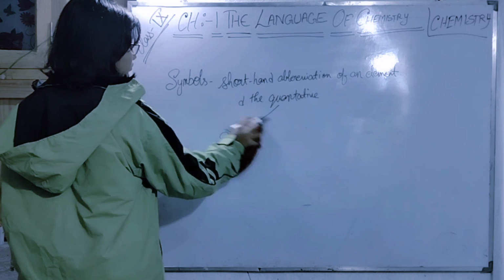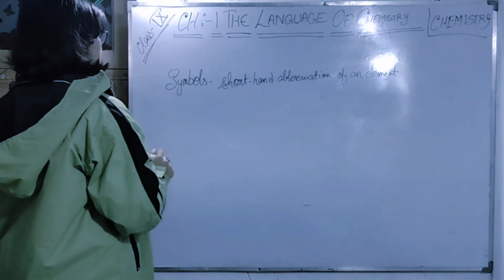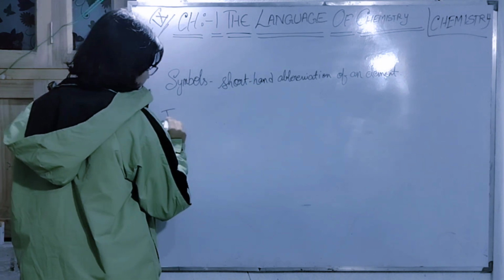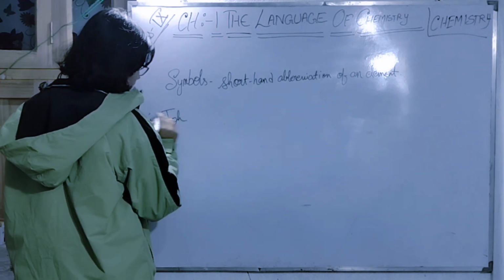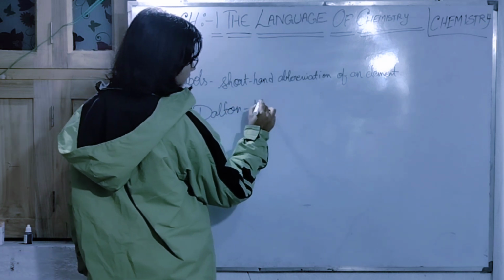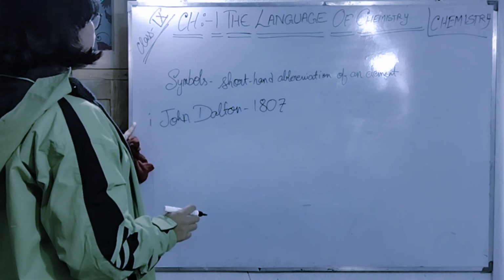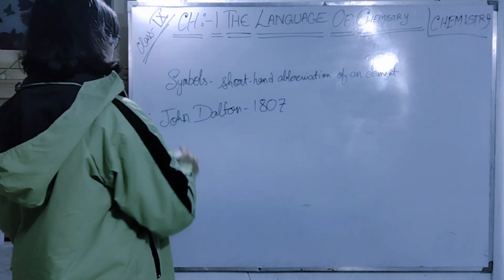Now, John Dalton first suggested symbols. In the year 1807, John Dalton first suggested that there should be symbols for representing an element.